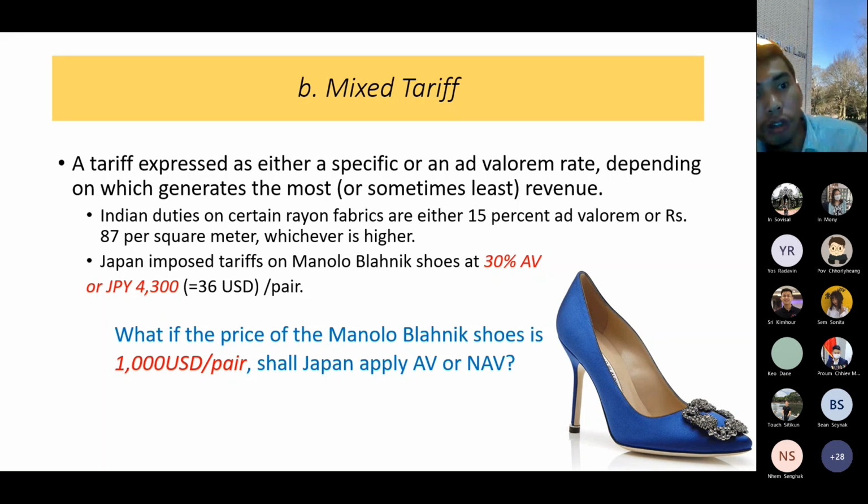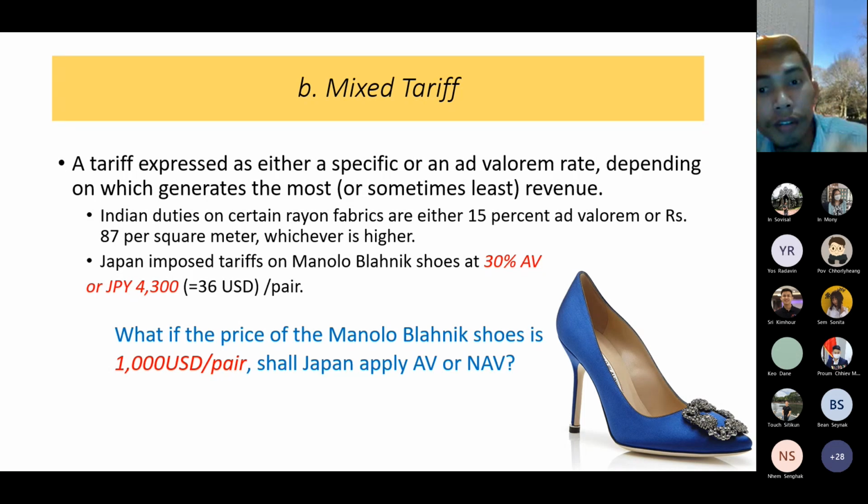So the $87 specific tariff is higher than 15%. India will choose the second option, because the second option generates higher revenue than the first option.